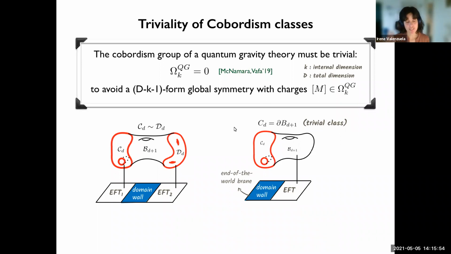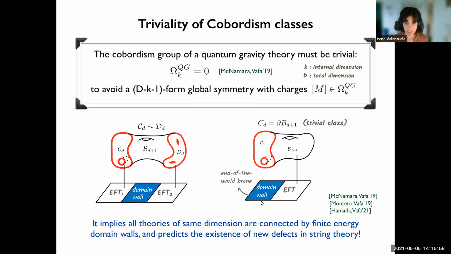And one can show that actually it is breaking supersymmetry. So in these papers, Vafa and collaborators use this to predict the existence of these new non-supersymmetric defects and then try to find them in the worldsheet, to understand what they are.